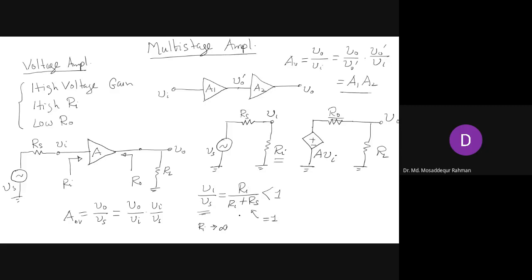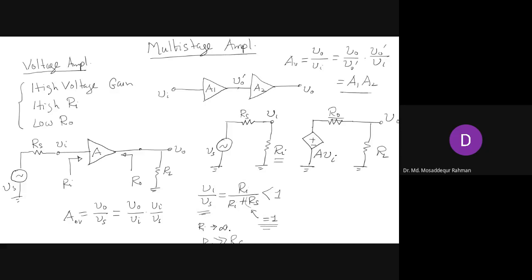If Ri goes infinite, or for a very high value of Ri, that is, if Ri is much larger than Rs, that means Rs is negligibly small compared to Ri. Practically, we cannot get infinite Ri, but we can make Ri much larger than Rs. If that is the case, you can ignore Rs, and Ri will cancel out, you get 1.